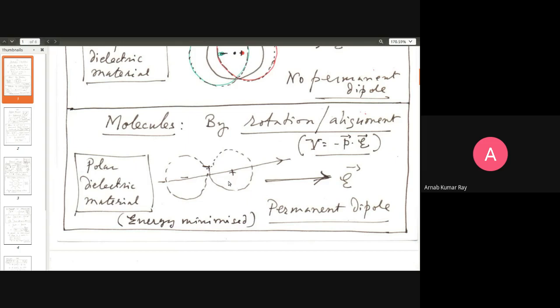And if it is oppositely aligned, meaning that the plus is this side and the minus is on the other side, then the angle between the electric field and the dipole will be 180 degrees. Cos of 180 degrees will be minus 1.